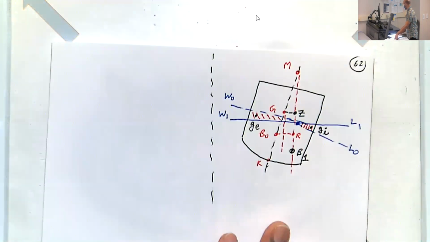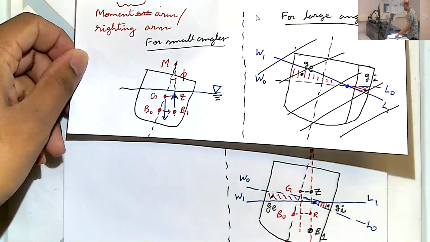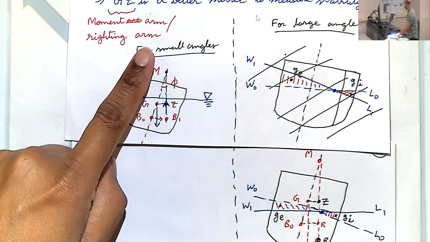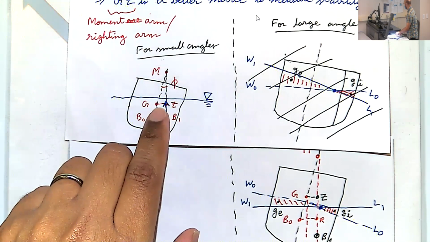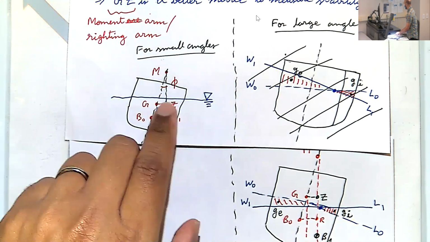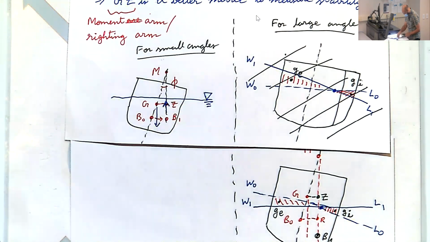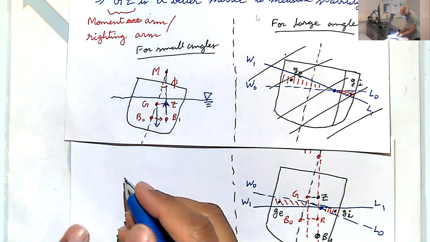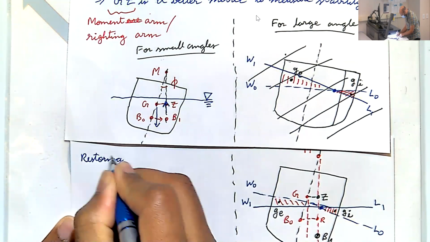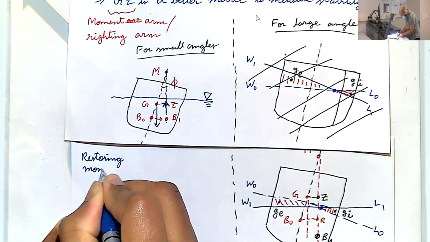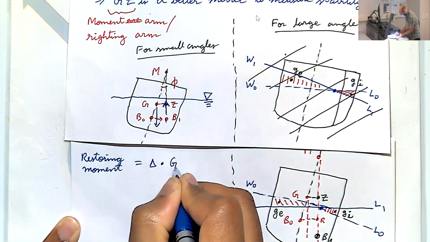All right. Let's bring back the old sketch here. For small angles, we know the restoring torque is what? The restoring moment arm is GZ, and the force is delta. So in the small angle case, the restoring moment is delta times GZ.